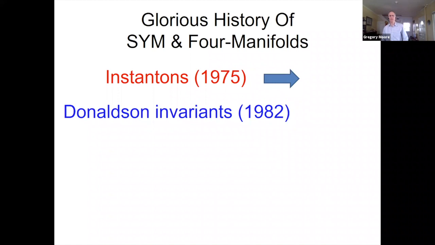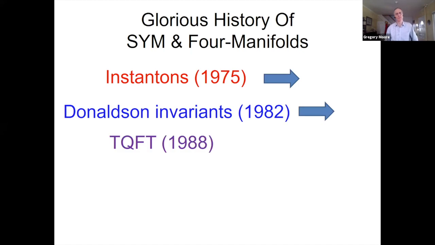And then Michael Atiyah asked some very perceptive questions, which were answered by Edward Witten. The question was, how can you interpret the Donaldson invariants physically? And the answer is that they're correlation functions in a supersymmetric Yang-Mills theory.